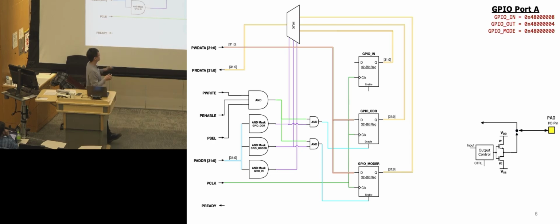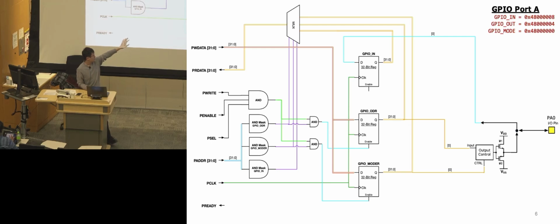Okay, cool. One additional thing is asking why the P write data is connected to both of these registers, the output register and also the mode register. The output register is pretty straightforward because that's the data that's eventually pushed out of the pin.